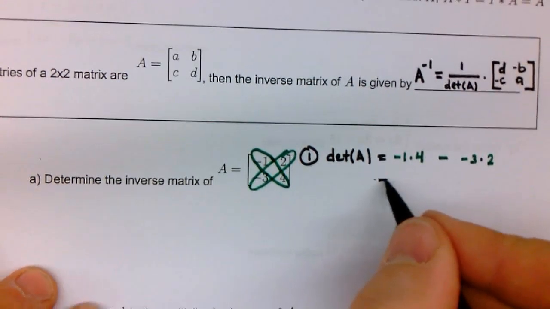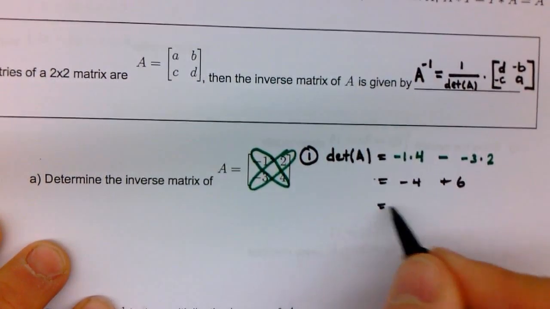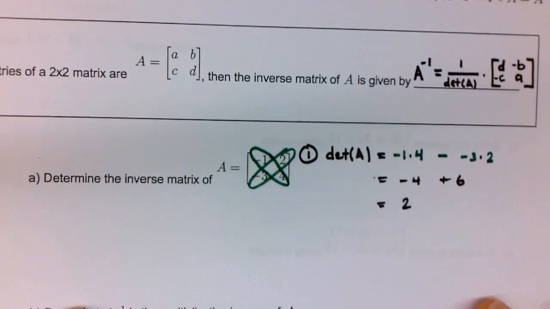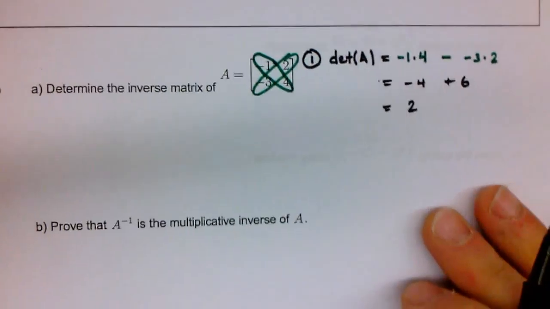Let's see, what does that give us? Negative 4 plus 6 is 2. So that's step 1. Everybody good with that?